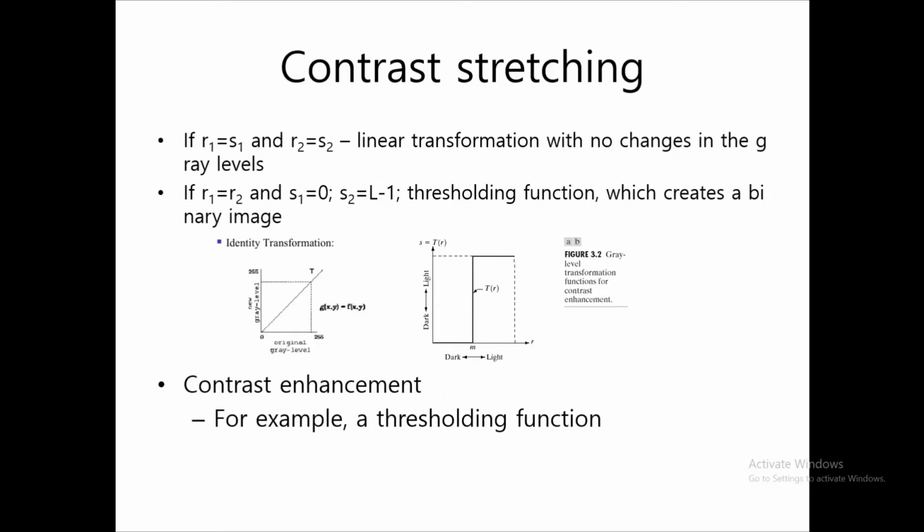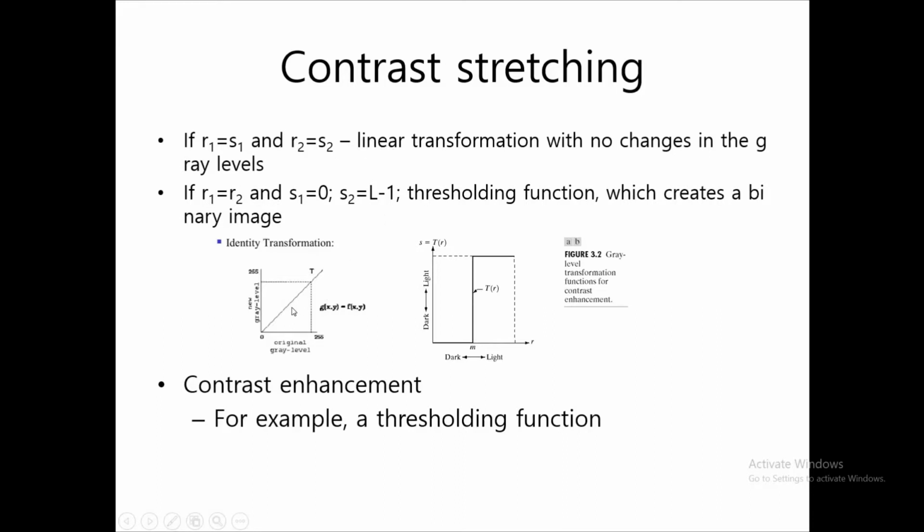Now let's change the values of R1S1 and R2S2 and see what the response is, or how this transformation function works. If we set R1 equal to S1 and R2 equal to S2, then this transformation function becomes a straight line.